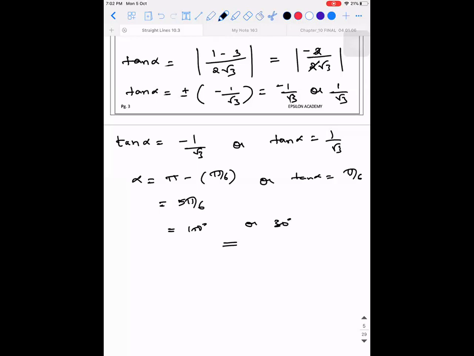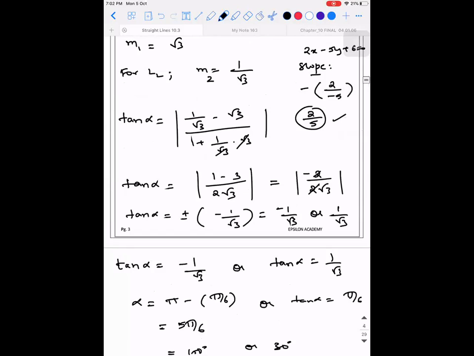We know that the angles will be supplementary of each other. Am I clear till this extent? Yes, sir.